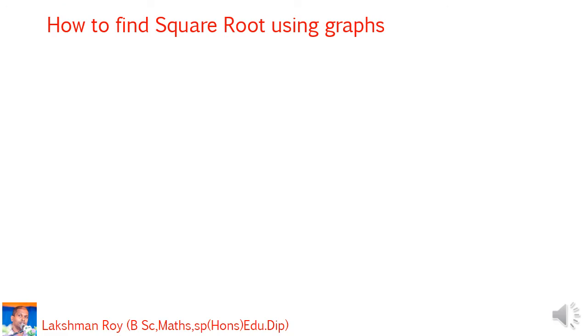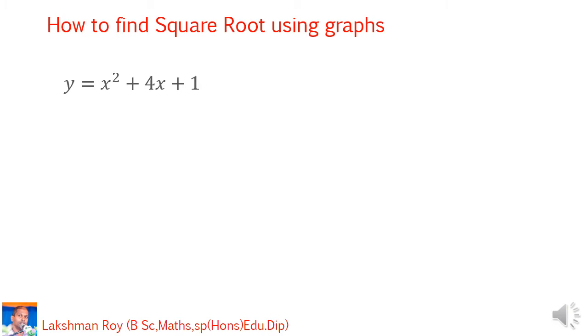So to find the square root using a graph, students, I will consider one quadratic graph. This is my function, y equal x square plus 4x plus 1. Using this example, I am going to find square root 3, square root 4, square root 5.